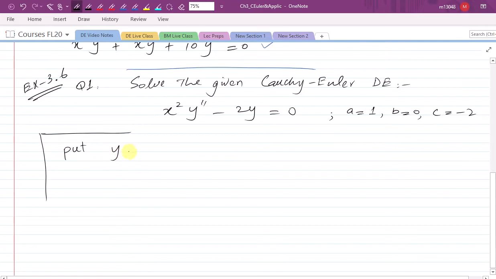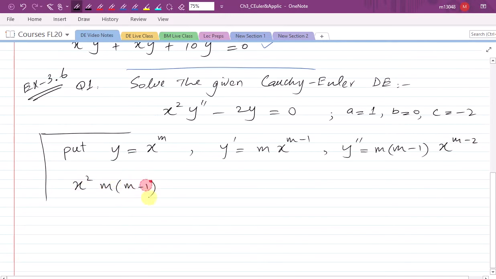Put y equals x power m. Then y prime would be m x power m minus 1, and y double prime would be m times m minus 1 times x power m minus 2. The equation becomes x square times m times m minus 1 times x power m minus 2, minus 2 times x power m, equals 0.